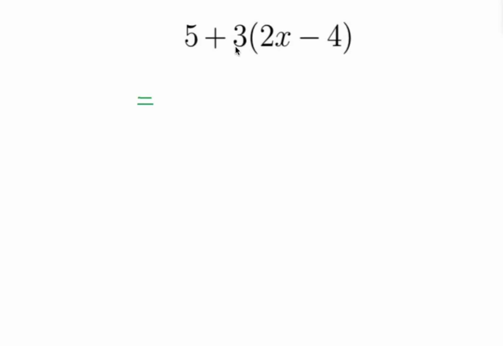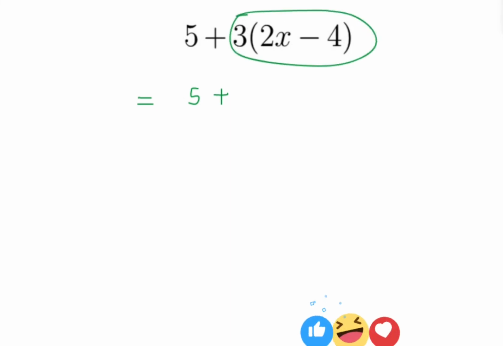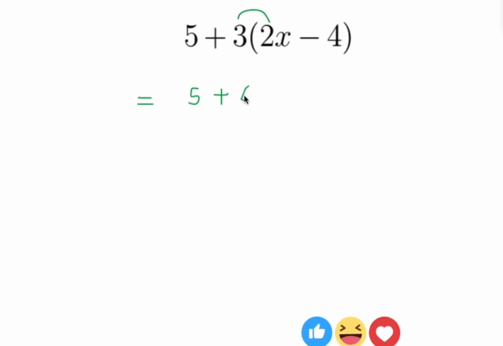Now here simplify this. So here we can apply distributive property. So simply multiply with 3, 3 times 2 is 6x, and 3 times 4 is 12, but minus 12, because here minus. 3 times minus 4 is minus 12. Now we can combine like terms.